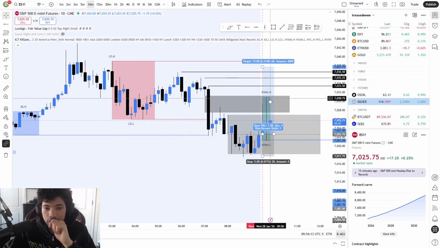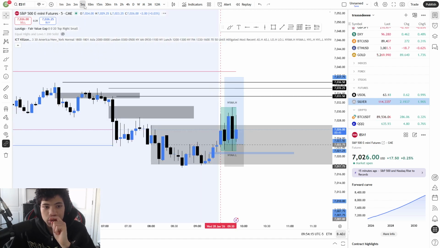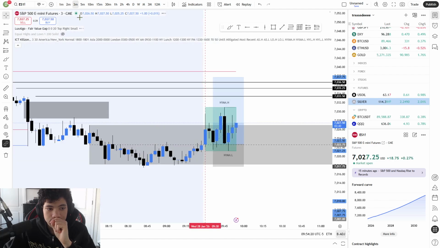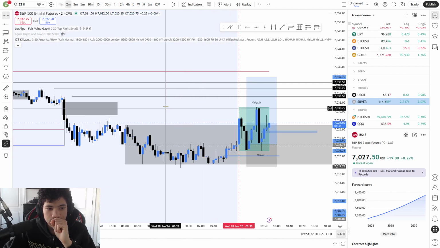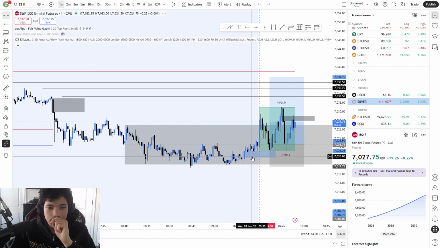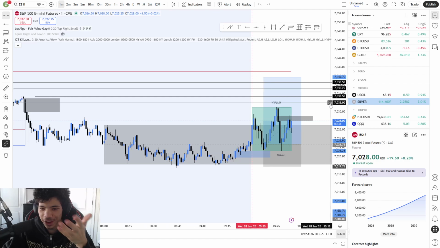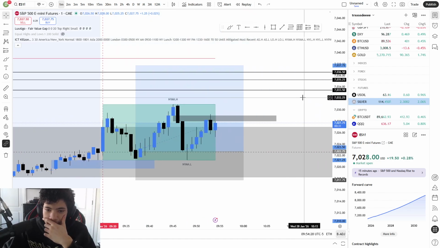Giant gap right here on the 10-minute. Gaps on the 5-minute. 3-minute gap. 2-minute gap. 1-minute gap. Okay, well, no, hold on.